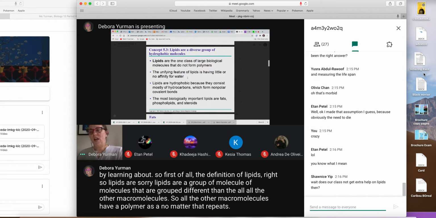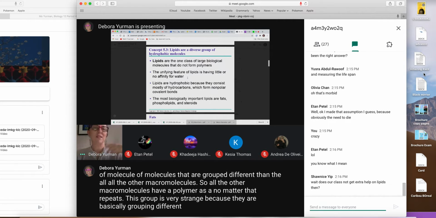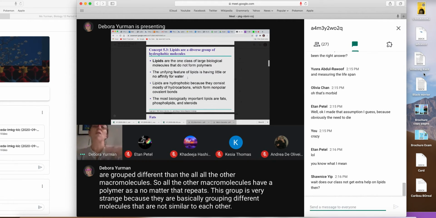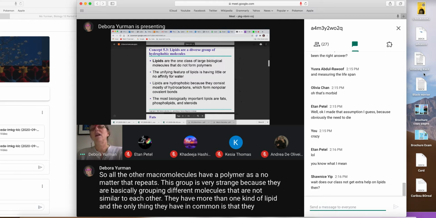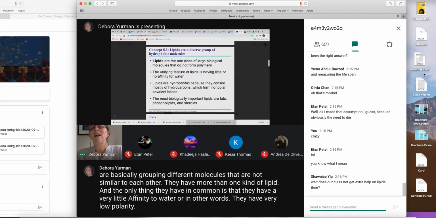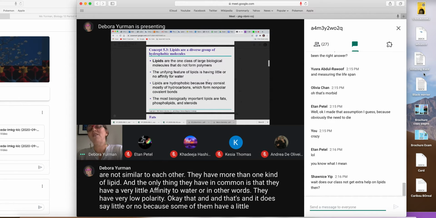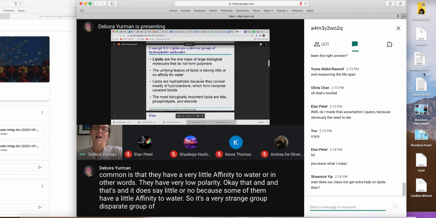This group is very strange because they are basically grouping different molecules that are not similar to each other. They have more than one kind of lipid. The only thing they have in common is that they have very little affinity to water, or in other words, they have very low polarity. It does say little or no, because some of them have a little affinity to water. So it's a very strange, disparate group of molecules.